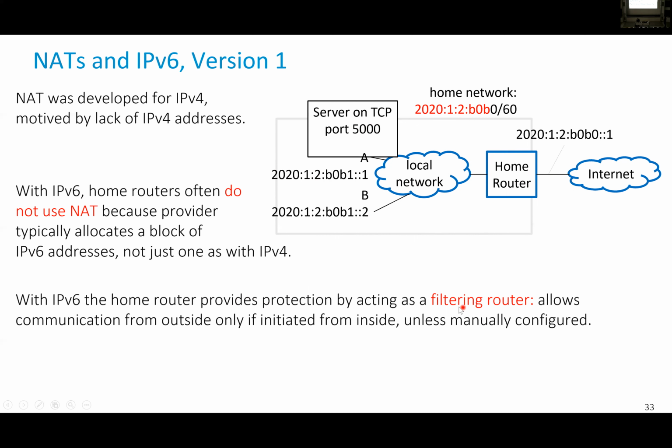But it will do what we call filtering. For example, it will look at all packets that are SYN packets, so packets that go to a TCP server, and it will kill them, because you're not expected to have a TCP server at home, except if you manually configured it into your IPv6 home router.